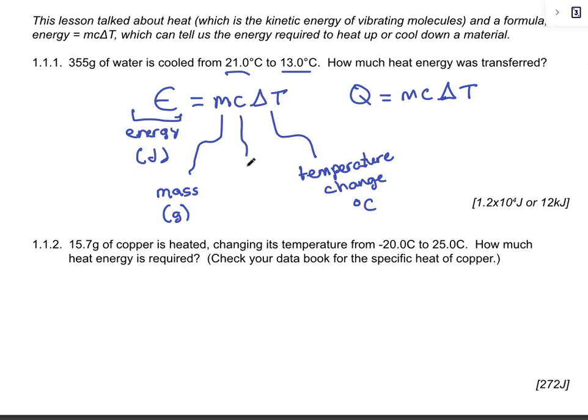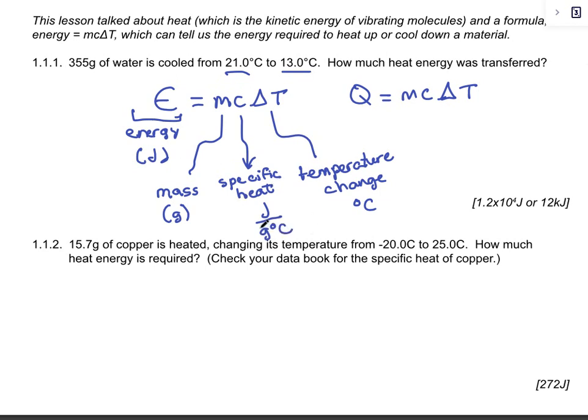And C is either the specific heat or the specific heat capacity. It's a rating that every material has for how hard it is to heat up or cool down. Water and wood and concrete and plastic all have their own specific heats, and they're measured in kind of funny looking units. It's generally joules per gram degree Celsius.